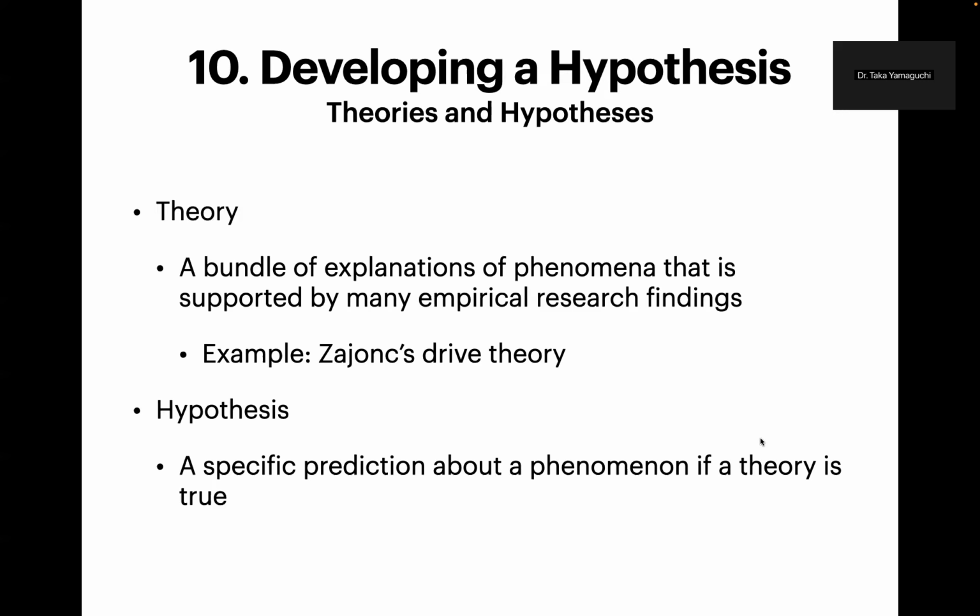Now, outside of science, from daily conversation to true crime podcasts, calling an idea a theory often suggests it is untested or just a guess. In science, however, a theory is simply an explanation of phenomena. Good theories are well supported by numerous empirical research results. For example, evolution by natural selection is a theory because it explains the diversity of life, not because it is untested.